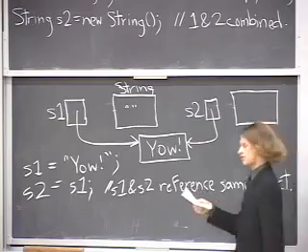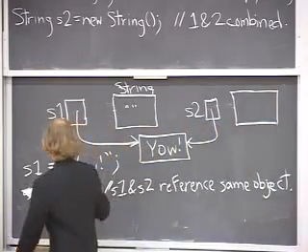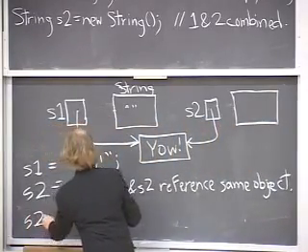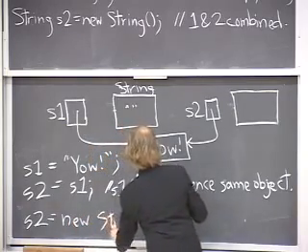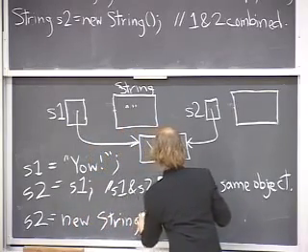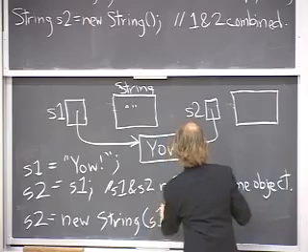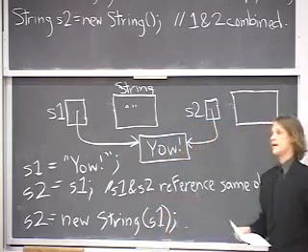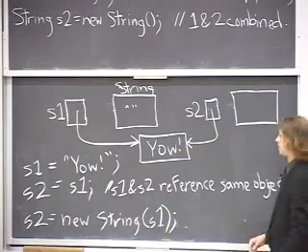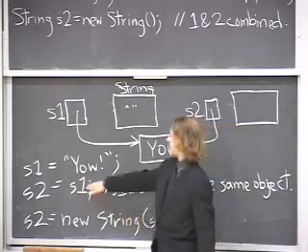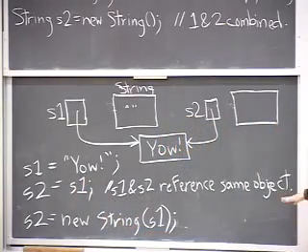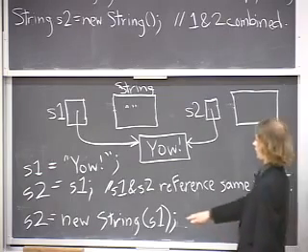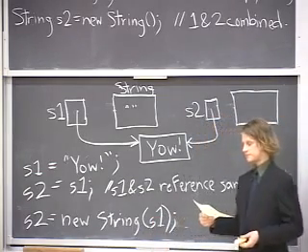Well, Java has a constructor that lets us do that. You write s2 equals new string, and then in parentheses, you write s1. So this looks kind of like this, except we've thrown a constructor in. And so that last line of code does something fundamentally different.